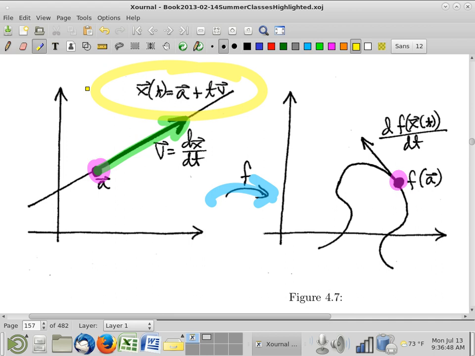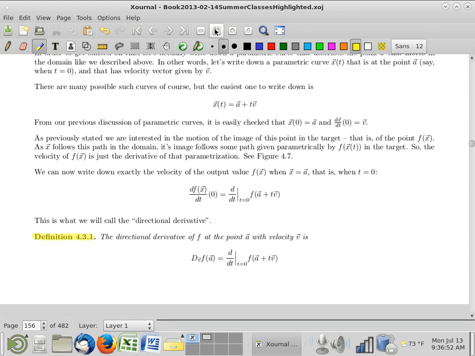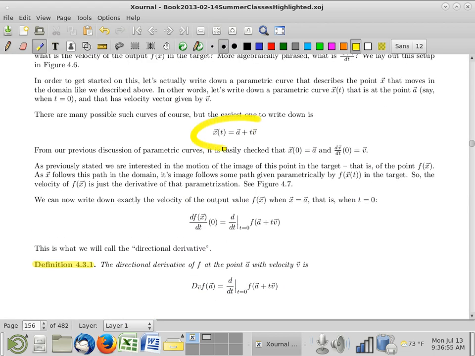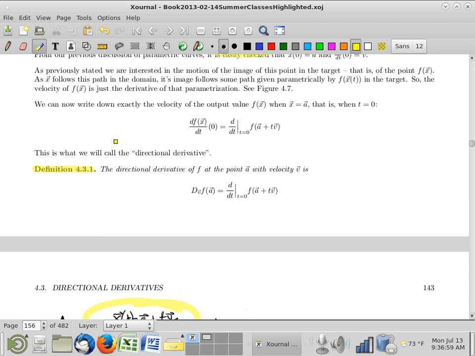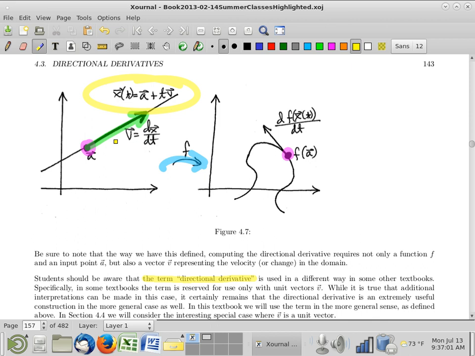Now let me zoom out a notch and come back up here. Notice this parametric line we just computed. Now, what do I want to do with that parametric line? Keep in mind the idea is that I'm trying to keep track of how this point is moving. As I move along in the domain, these output points are going to be moving as well.